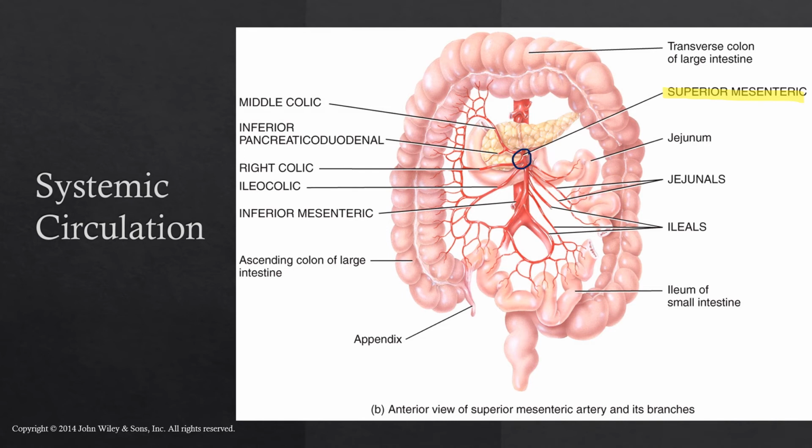Remember, the mesentery is the portion of the peritoneum that attaches the small intestine to the posterior abdominal wall. Now, as we also saw in that schematic of the abdominal aorta, the superior mesenteric artery branches into 5 different arteries. First off is the inferior pancreaticoduodenal artery.